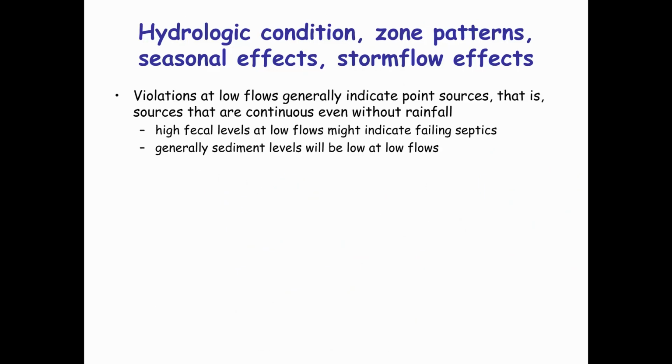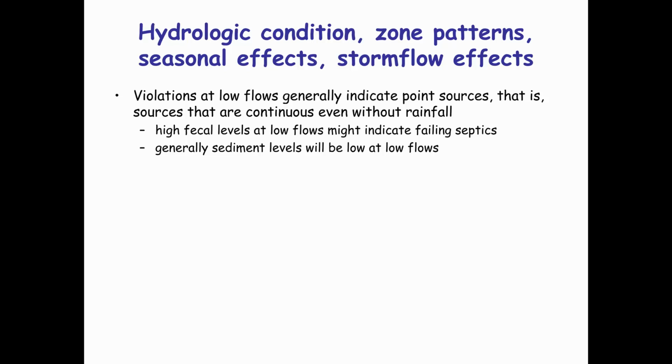So the hydrologic conditions that are shown in the flow and load duration curve, the zone patterns, the effects of season or storm flow effects are important in interpreting what's going on inside a watershed. It helps one to maybe determine what the sources of the pollutants are, based on knowledge about the hydrologic and transport processes occurring inside of a watershed.